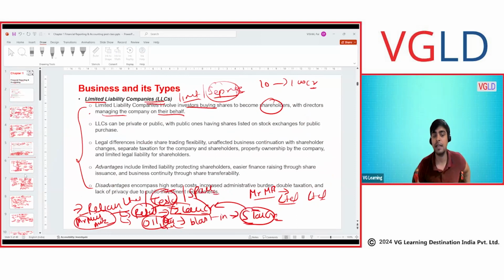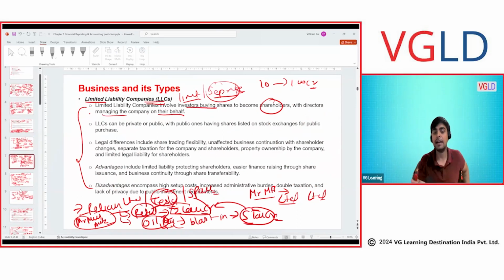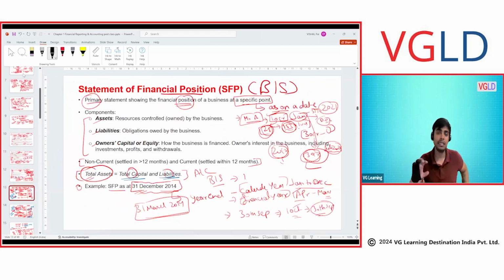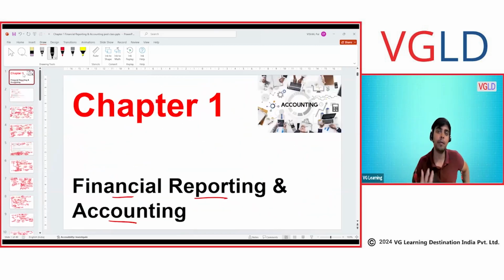Try to see where the element of financial statement is and then try to do its question. Otherwise, let's meet at the next class and discuss these things. Please do revise. I will tell you again, you will forget all these things if you don't revise.